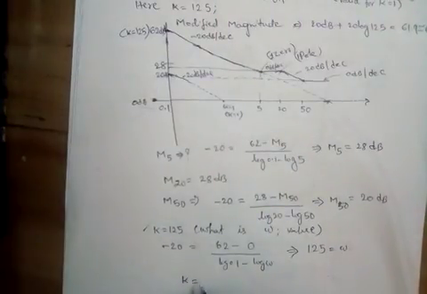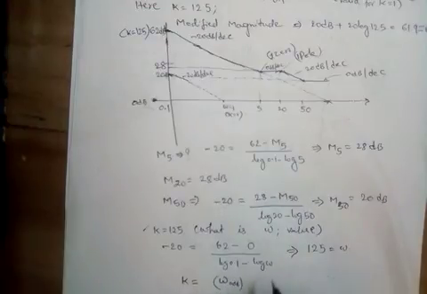So K is equal to omega at 0 dB. Consider the number of zeros or poles: if it is a zero, it is replaced with the number of zeros with a minus sign. If it is a pole, the number of poles with the plus sign.